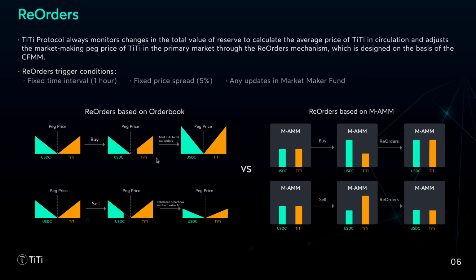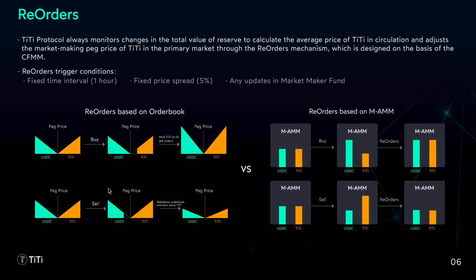Hence, the M-AMM judges that the market is in an expansion stage and the demand for TiTi is increasing, so more TiTi is minted. The depth of the sell order is increased, and the user's trading slippage becomes smaller, which brings a better trading experience.